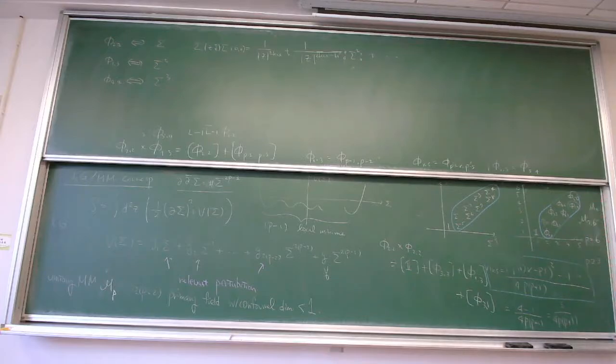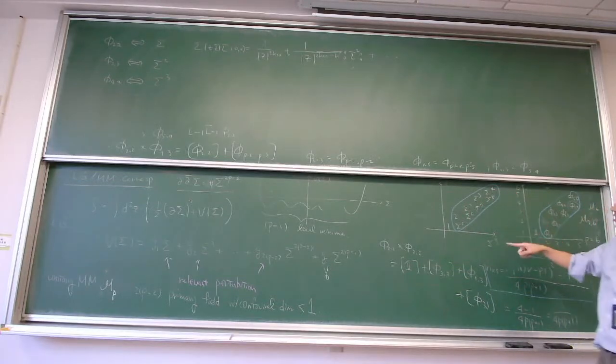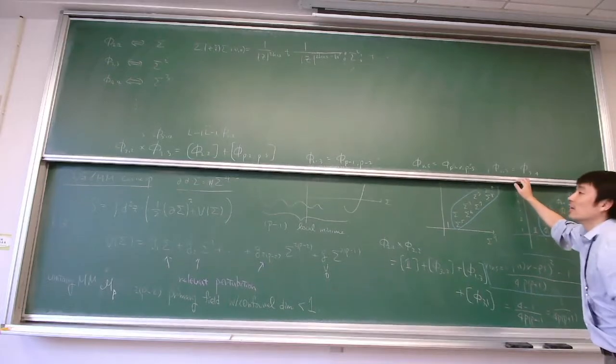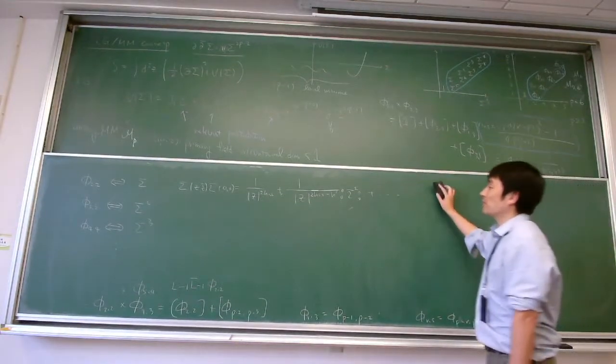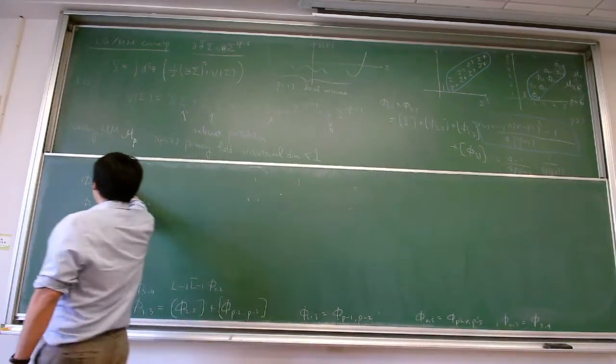Sorry about lots of confusion. So these are conformal primaries with dimension less than 1, and there's a one-to-one correspondence. We will see this correspondence makes sense by using the Zamolodchikov system from now on.